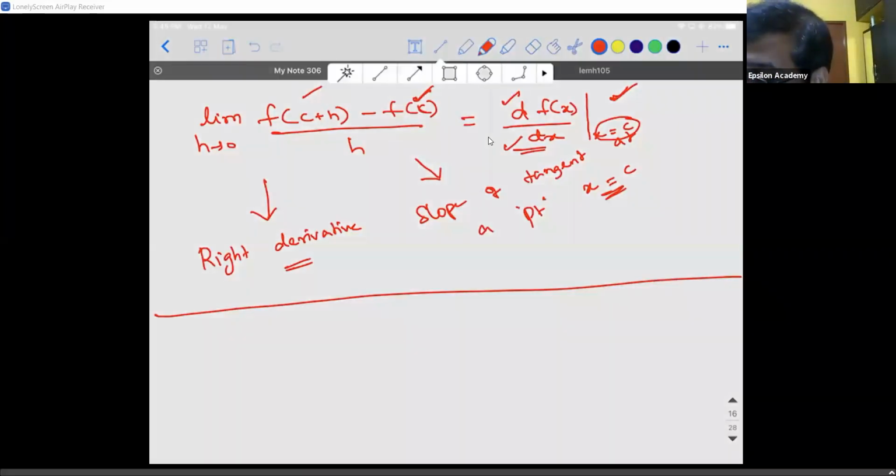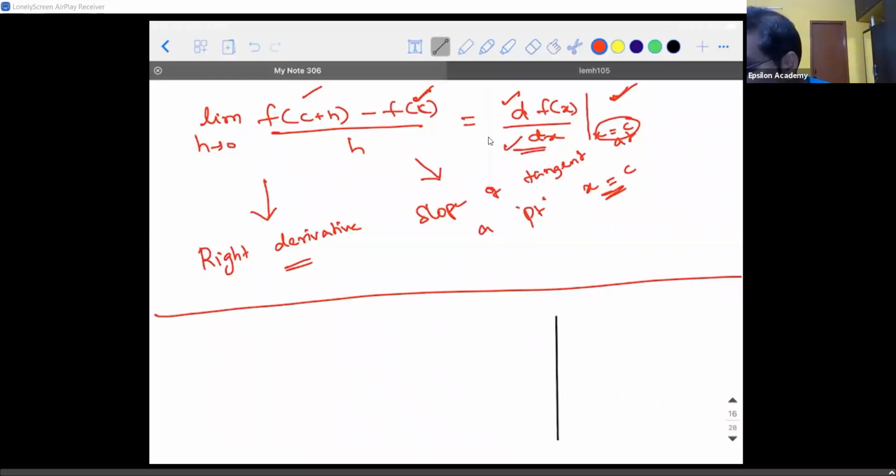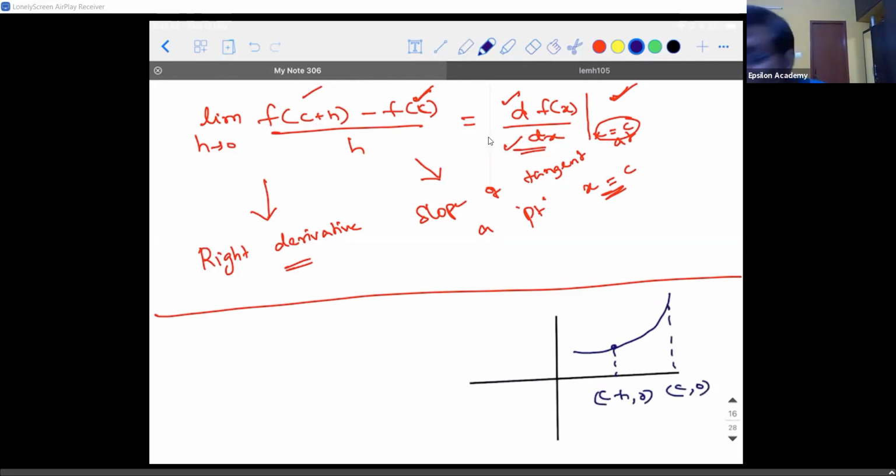If I take the function like this, if I take this point as C minus H comma 0, and I take this point as C comma 0, and I take a line like this, now what is going to be the slope of, if I call this PQ?